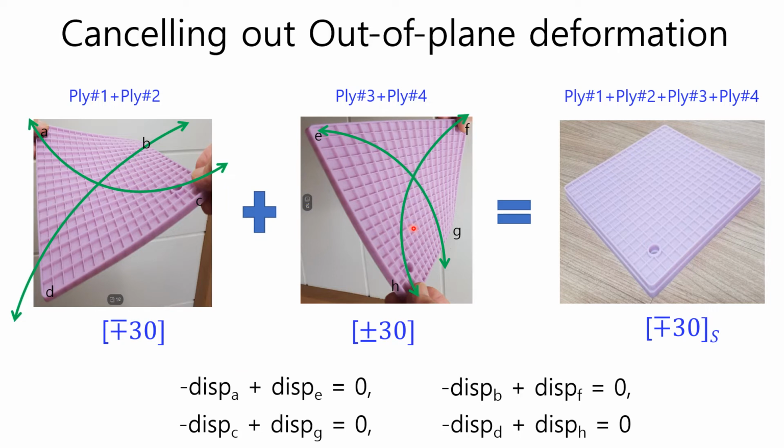We can cancel out all the out-of-plane displacements due to tension force for each laminate, minus plus 30 and plus minus 30, by putting them together as one body.